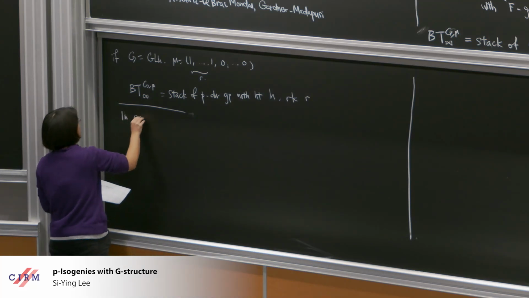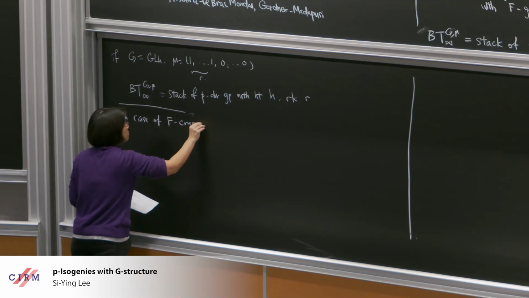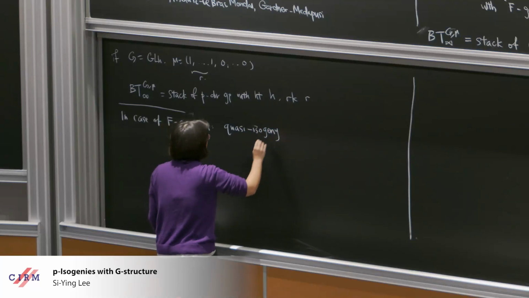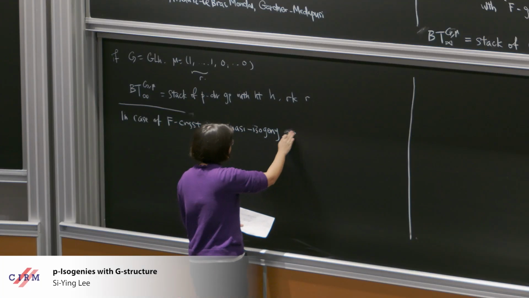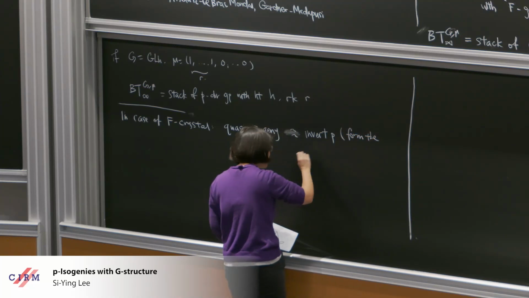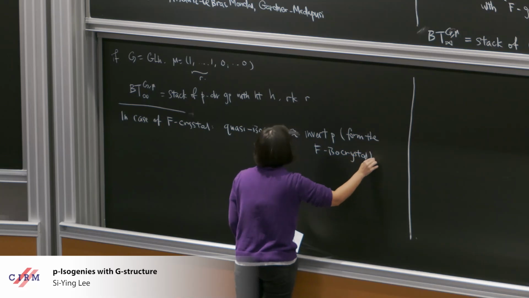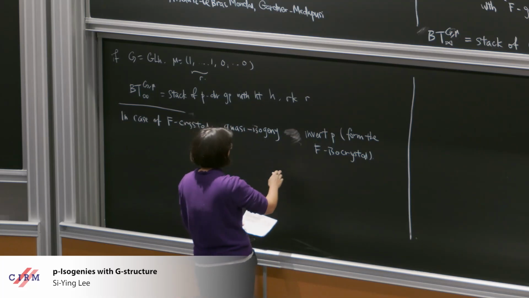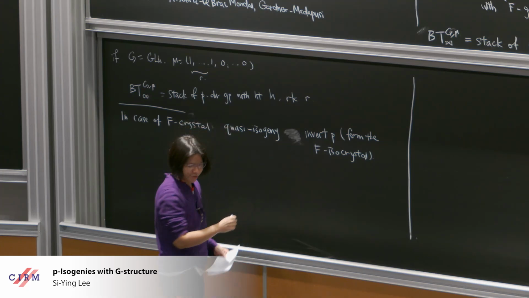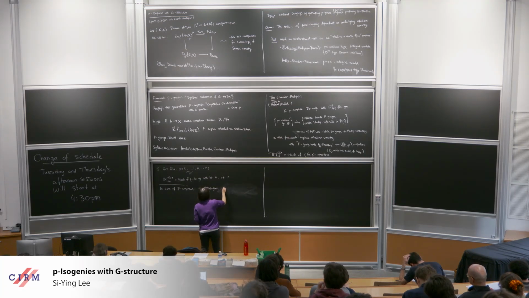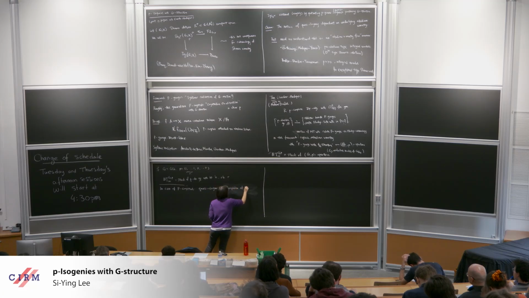So in the case of an F-crystal, a quasi-isogeny is roughly what you get when you invert p, so you form the F-isocrystal, and to be quasi-isogenous is to ask for an isomorphism of F-isocrystals.